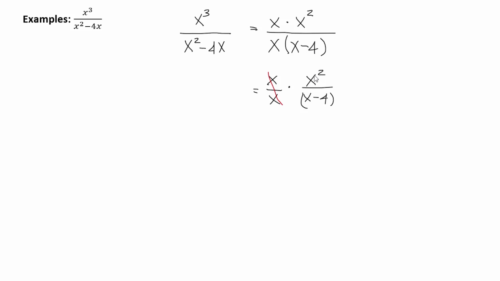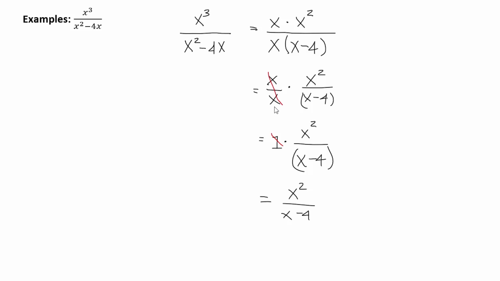It isn't really cancelling. What I'm doing is I'm noticing that this is just 1 multiplied by x squared all over x minus 4. And 1 times anything is just that thing again. So obviously here I have x squared all over x minus 4, and I'm not making the mistake of trying to cancel unlike terms.